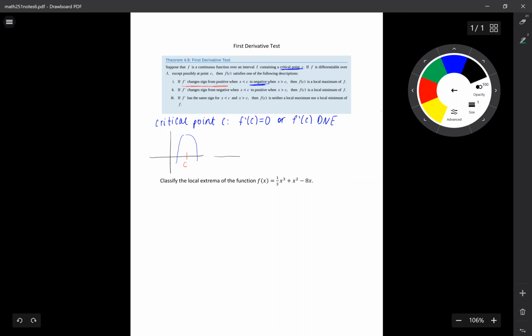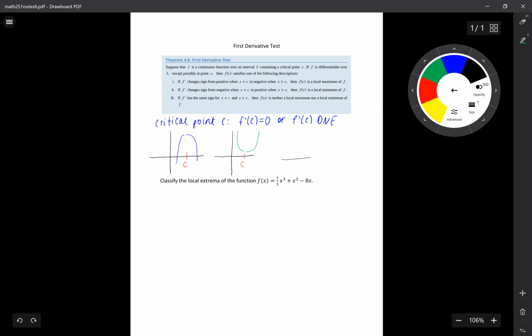That means that, yes, we can see a local max at c. In this second situation, we have c here again. f prime changes sign from negative, which means that our function is decreasing, to positive, which means that we're increasing. This does in fact look like a local minimum. And in our third case, if f prime has the same sign for x greater than and less than c, then f of c is neither a local maximum nor a local minimum of f.